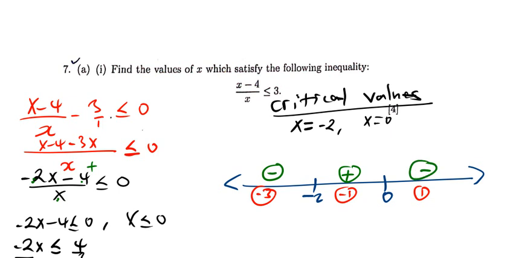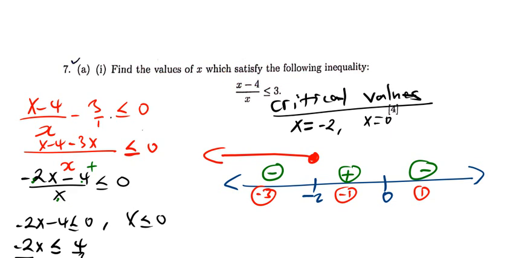Meaning that my answer should start from negative 2 included, all the way going to negative infinity, and 0. But listen guys, x is on the denominator here, meaning that if I include 0, this inequality is going to be undefined. This is the most important thing that you need to understand.